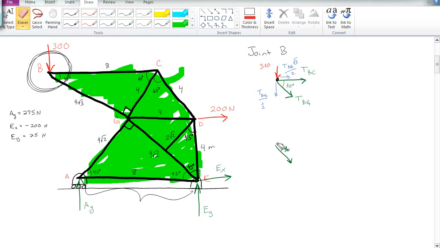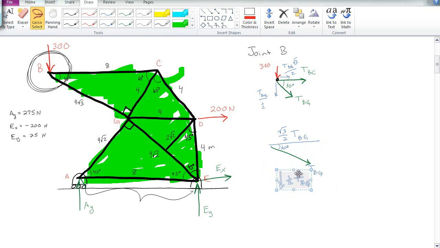So I have tension BG, and I have a 30-degree angle here. I know that the opposite is the sine of 30, and the sine of 30 is 1/2, so that's 1/2 tension BG. And the adjacent is the cosine of 30, so that's square root of 3 over 2 tension BG. And because forces move around, I can move this guy over here.